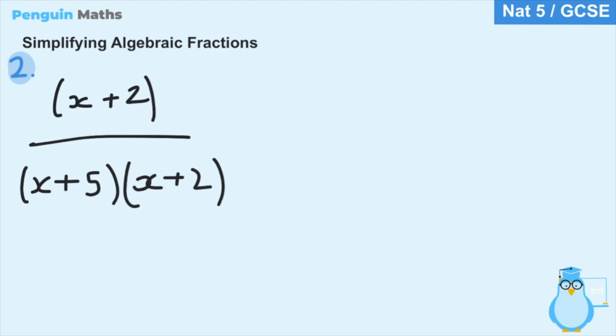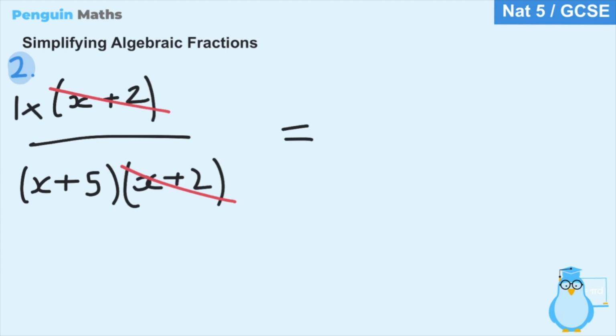And that means because we have an x plus 2 on the top and the bottom, they can just simply cancel out. And that means we're left with, well, because we've cancelled the x plus 2 out on the top, what we'd be left with, to begin with, would be 1 times x plus 2, because 1 times x plus 2 is just x plus 2.